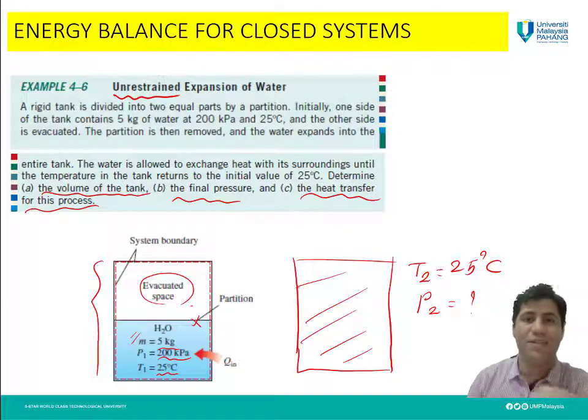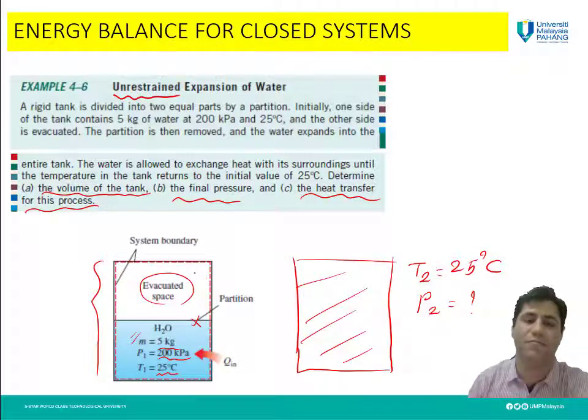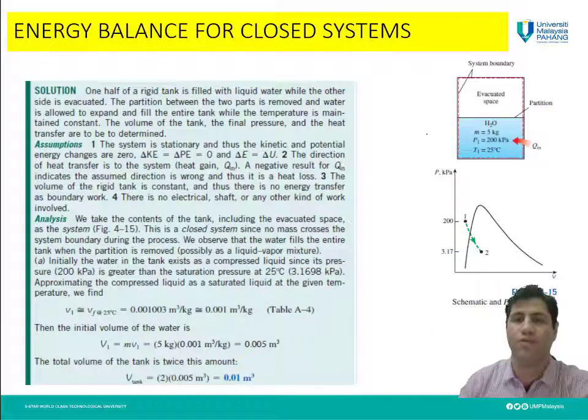This example is a good example to show how much the selection of the system is effective on our result. What can be the boundary or system here actually? The system which we select here is like this.